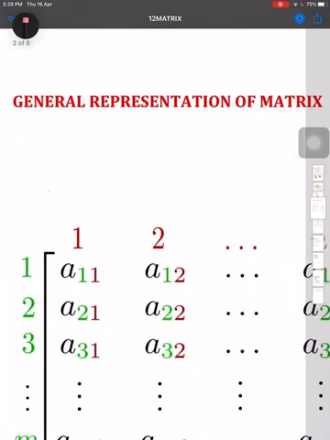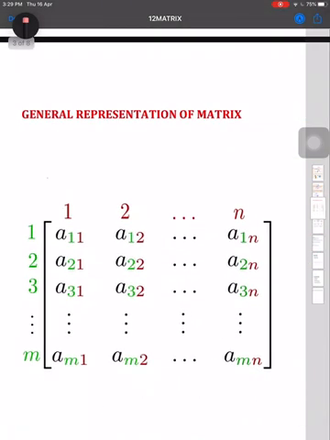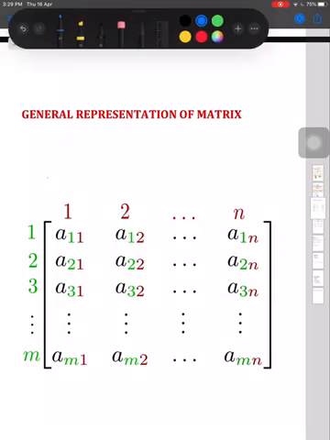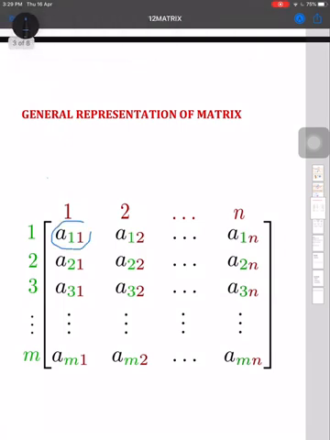Now the next thing is general representation of a matrix. You know that this particular element is contained in the first row and also in the first column. So here we will write this as A11. Here the first index denotes the number of the row, and the second one denotes the number of the column.